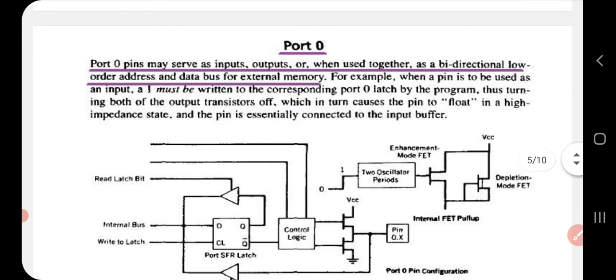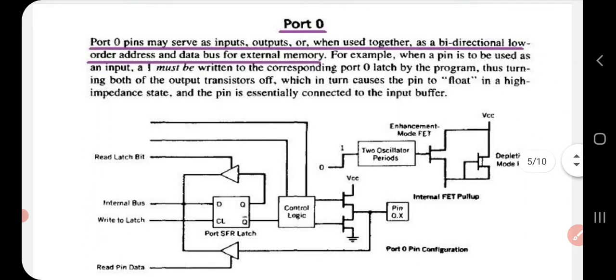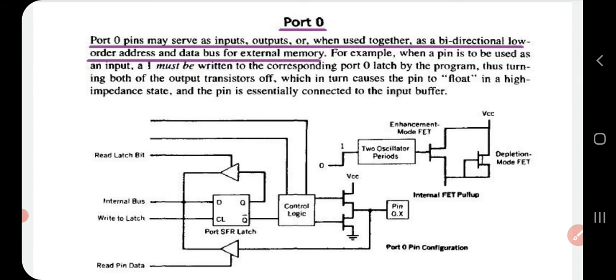So, first is port 0. Port 0 pins are mainly used as input-output, or when used together they are used as a bidirectional lower-order address and data bus for external memory.